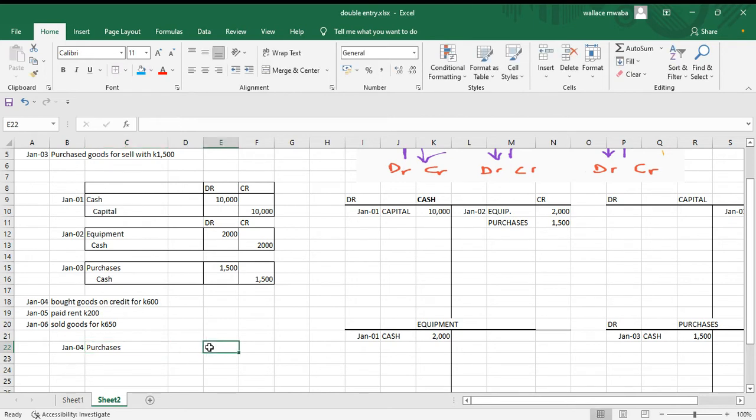So we debit purchases 600, right? And then we're going to credit our payable, okay? Our payable is 600.